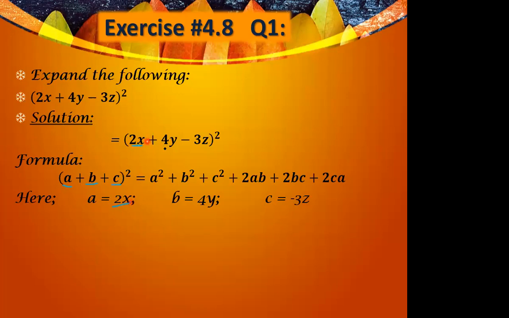Term b is this one, which is plus 4y, and in term c here you have minus, but inside the formula you have plus sign, and there is no formula of minus. So you will write that this whole one is your term c, which is equal to minus 3z. Okay, minus 3z is your term c, right?